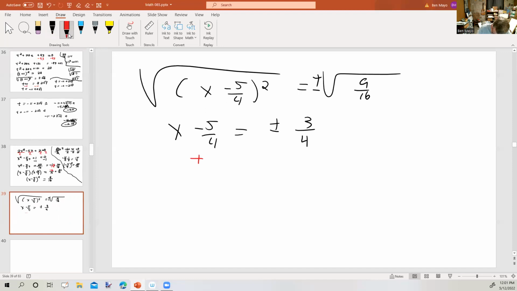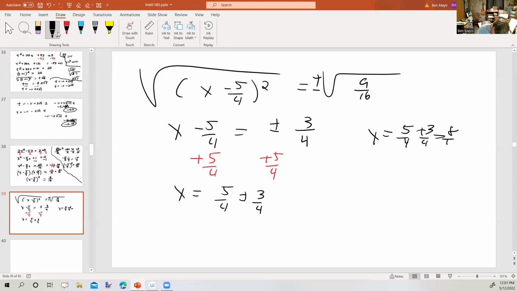Then I'm going to add 5/4 to both sides. So x equals 5/4 plus or minus 3/4. X equals 5/4 plus 3/4 would be 8/4 or 2. X equals 5/4 minus 3/4, which would be 2/4 or 1/2.